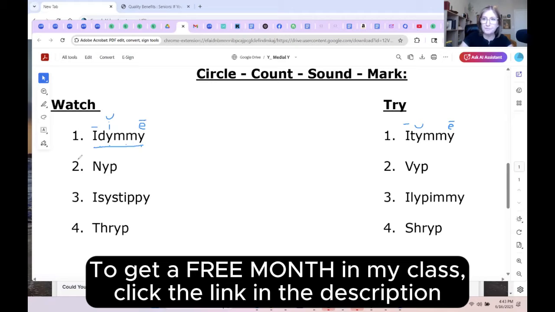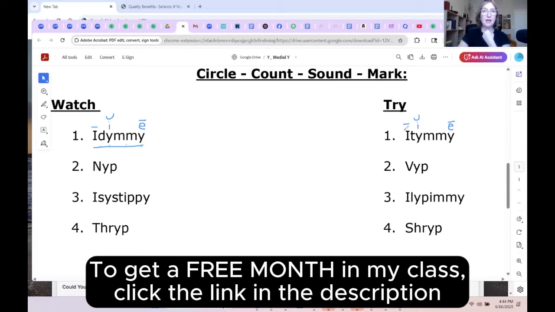So this Y is going to say I because of the two consonants rule. There are 2 consonants after it.